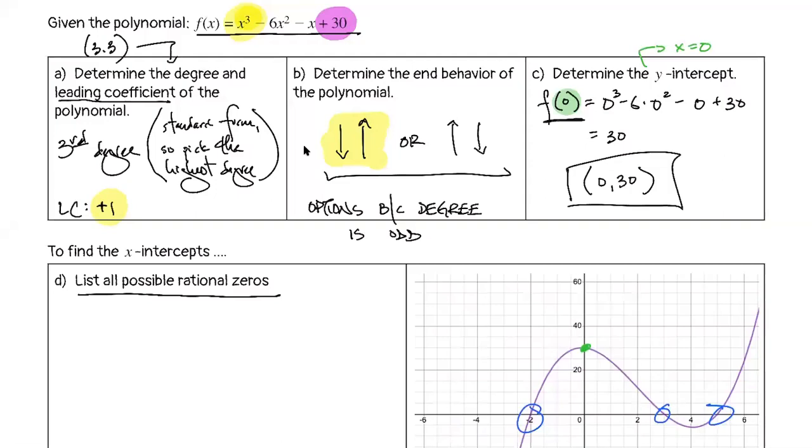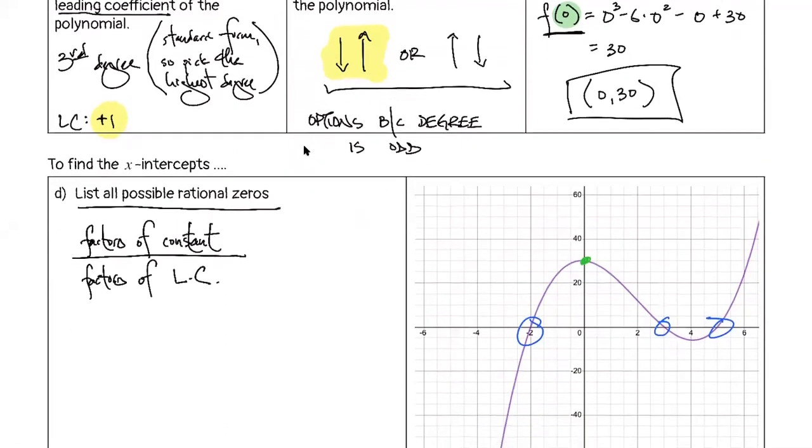Instead, what we can do is take the factors of the constant, and then divide them by the factors of the leading coefficient, okay? And then we consider all the positive and negative versions of that.